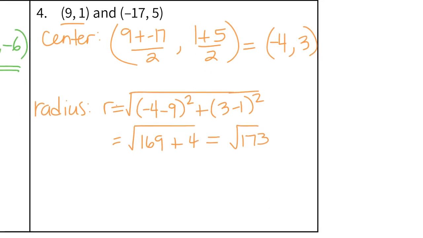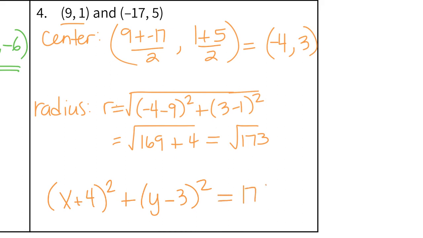Now that we have our radius and our center, we can write our equation for the circle in standard form. (x minus -4, so that will turn to a plus sign) squared, plus (y minus 3) squared is equal to 173.